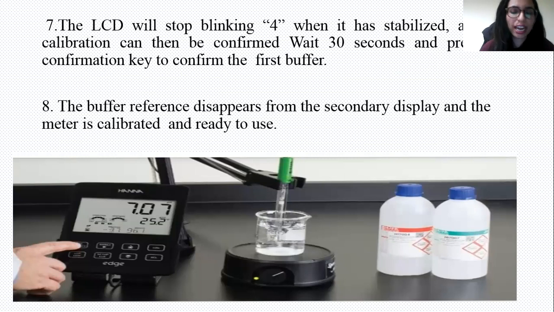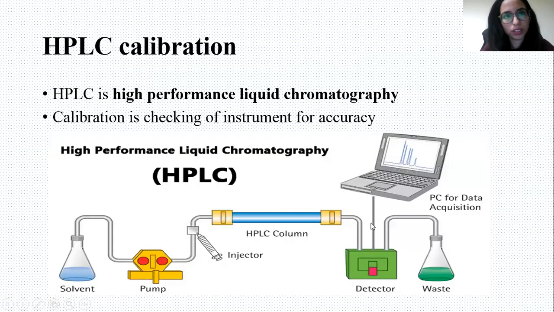Wait for at least 30 seconds or 1 minute, and press the confirmation key to confirm the second buffer. Fine. The buffer reference disappears from the second display, and the meter is calibrated and ready for use. Fine. You can see this, the pH meter shows like this, and it is the same as we use in the lab. Fine. Before the experiment, please calibrate your pH meter.